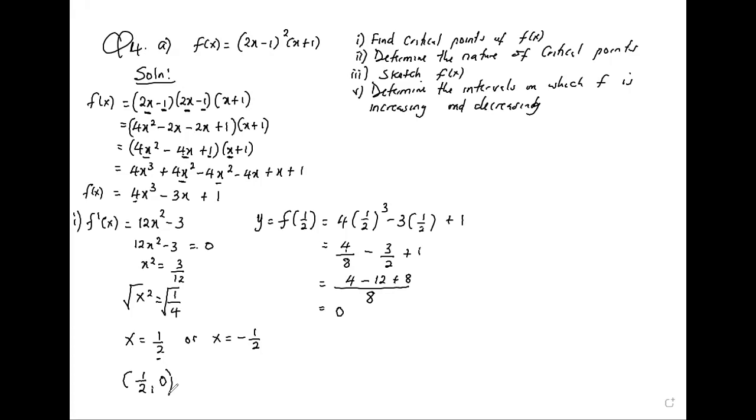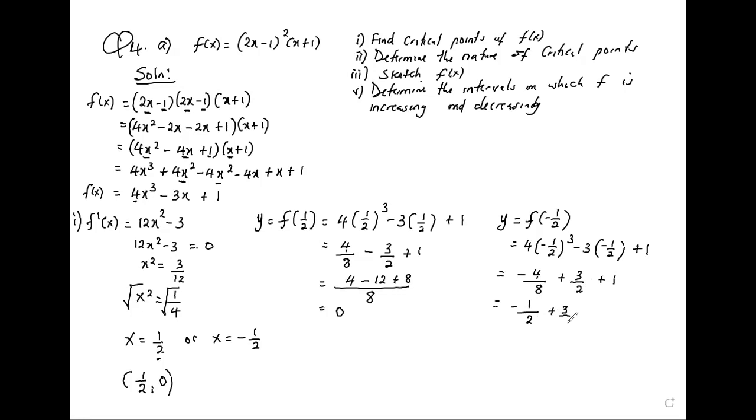Then we also pick negative half, looking for the y value, and substitute in the function f. We have 4 times minus half to the power 3, minus 3 times minus half, and then plus 1. This will give us minus 4 over 8, and then plus 3 over 2, plus 1. I may choose to reduce this because I know 4 can go in 8 twice.